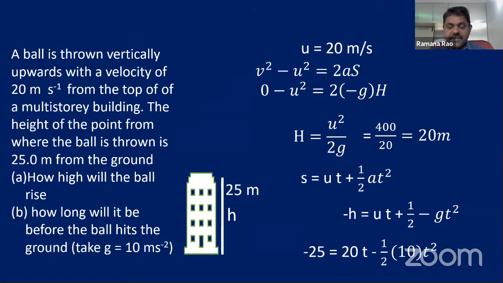For the quadratic equation you will get two values for time, and there is an interesting thing: one value will be positive and one negative. This is the work I am giving you, so you can find how much time the ball will take to reach the ground.